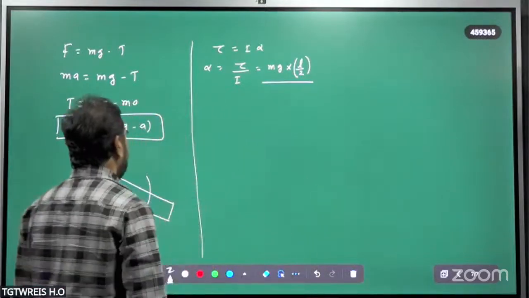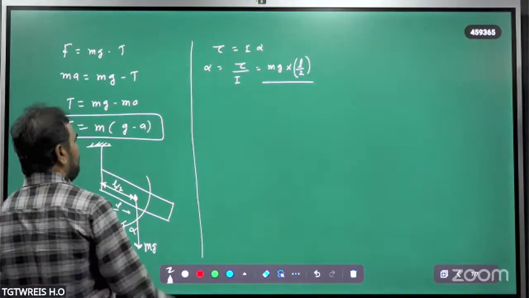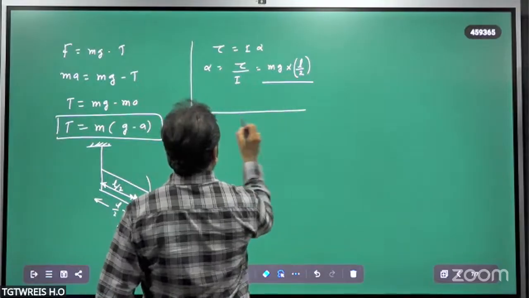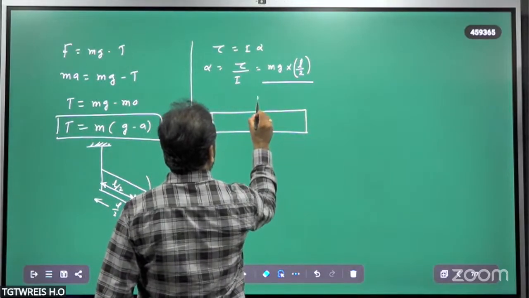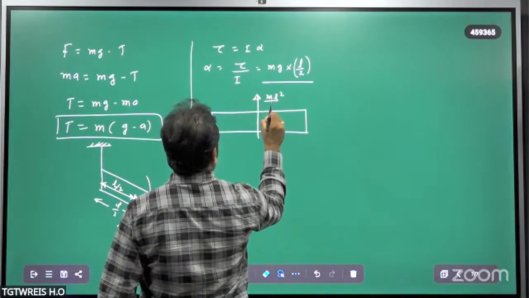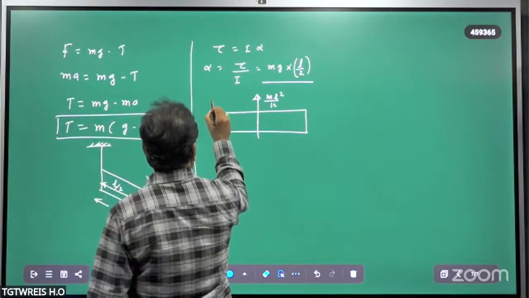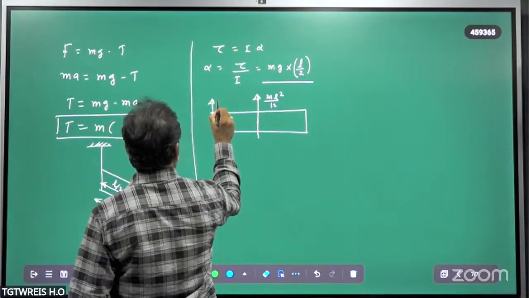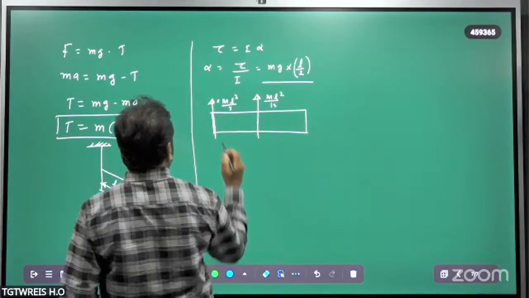So what is the moment of inertia of the rod about this one end? The moment of inertia about the center of mass, you already know, is ml square upon 12. About this one end, the moment of inertia would be ml square by 3.